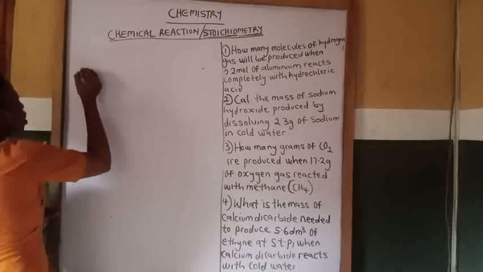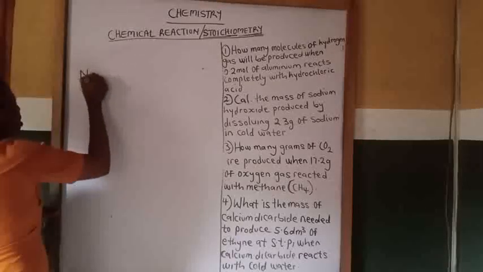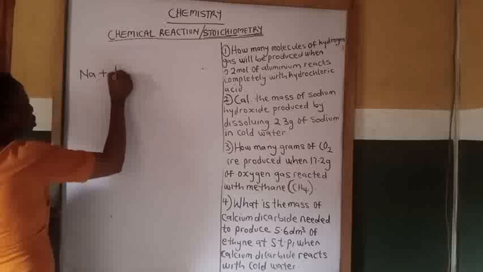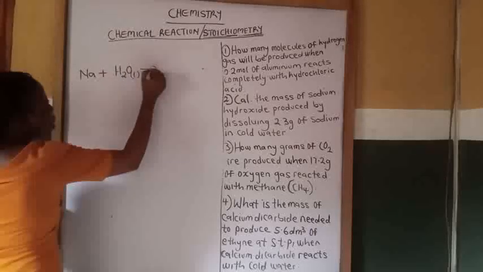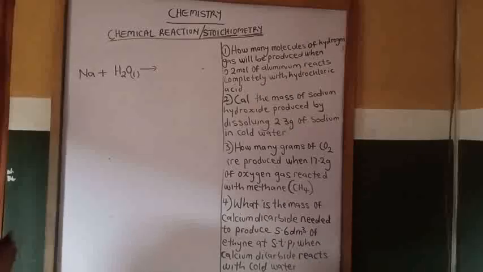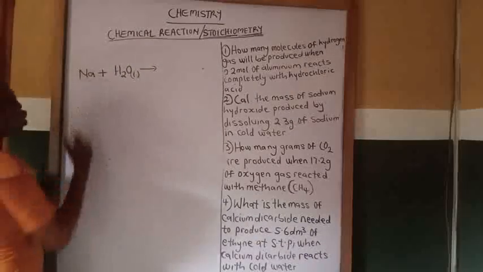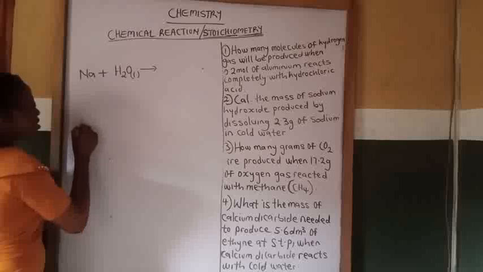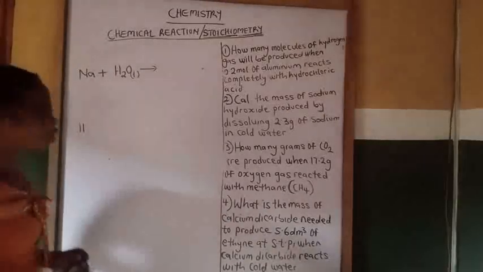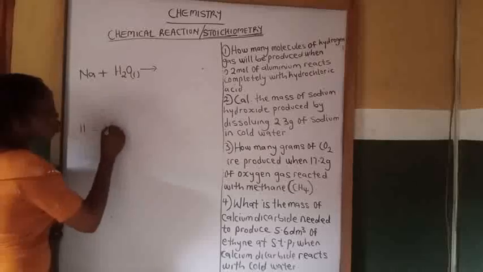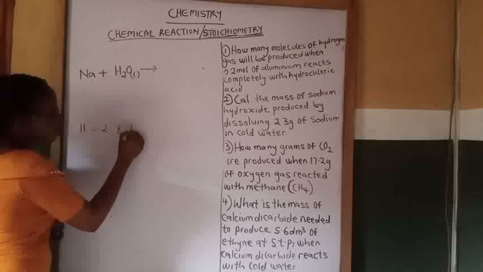Then what is the chemical symbol for sodium? It is Na plus cold water. Then what will be our product? So let's form our product. Then what is the charge on sodium? Sodium is the number 11. When you write the electronic configuration of sodium in ratio form, that will be 2:8:1.